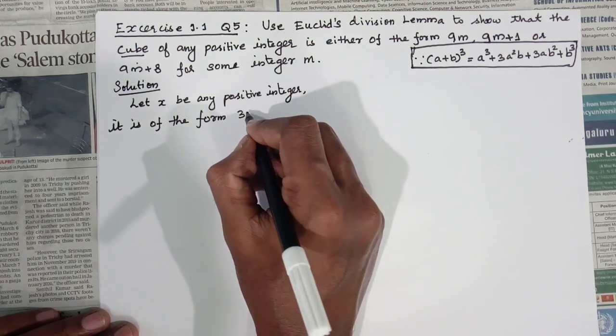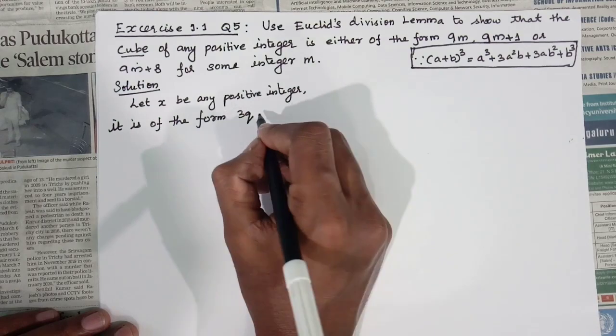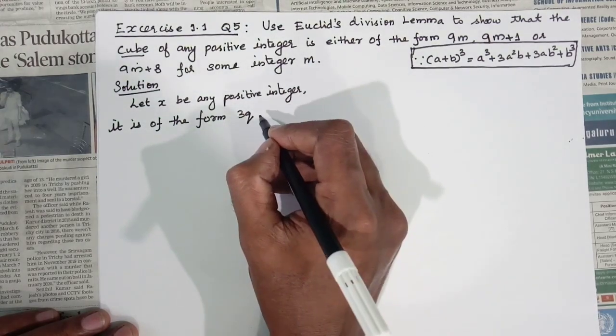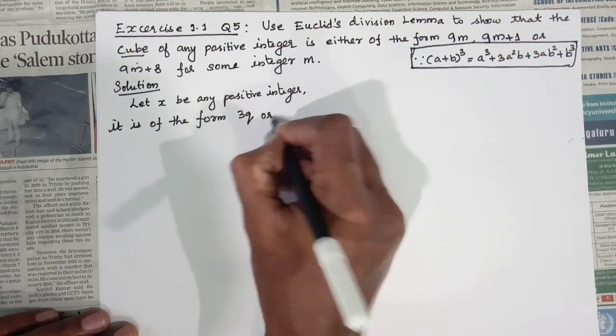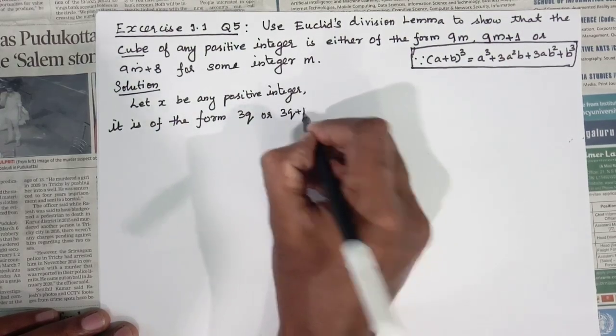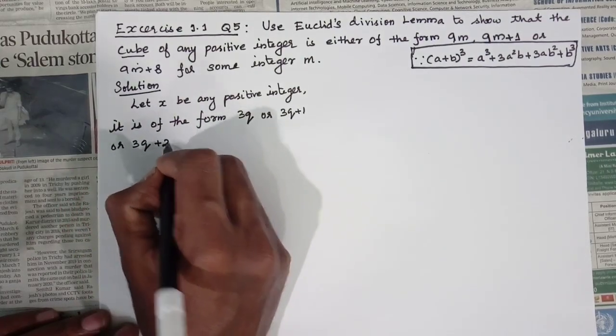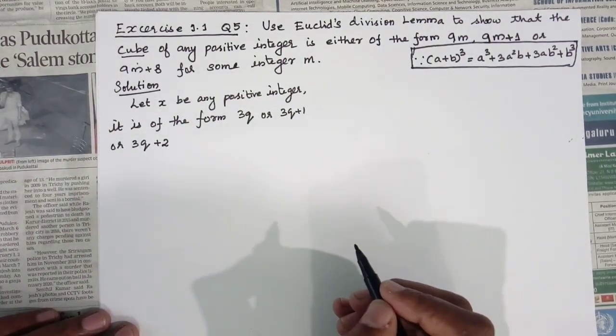Instead of m, as per the previous note of question number 4, we can take the same form: 3q or 3q plus 1 or 3q plus 2. We can take it like that.